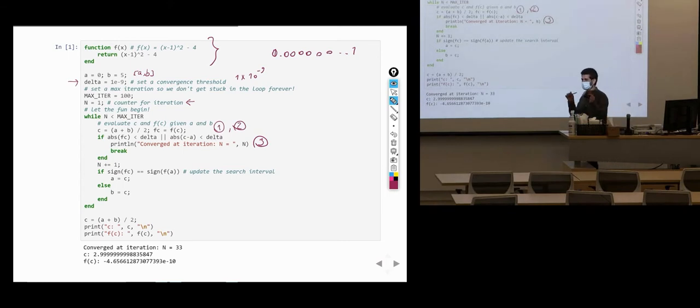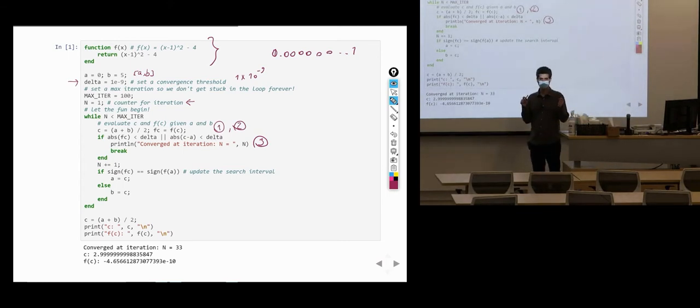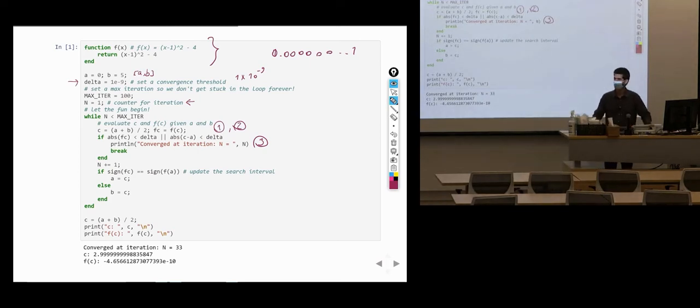Now, what does it mean c minus a being less than delta? If you can imagine that. Why not b minus c? What's so special about a? So it doesn't really matter, right?